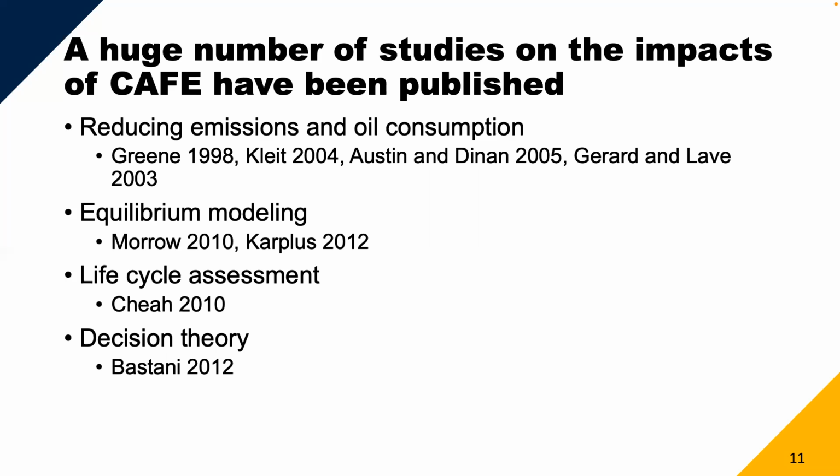And then even decision making, looking at how automakers have adapted and changed the way they produce their vehicles, or what design decisions they're making related to production of the vehicles because of CAFE.